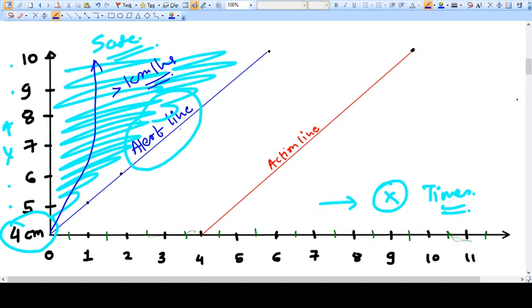Now this is the alert line. If any partogram at any point of time crosses the alert line, that means that initially the rate of dilatation of the cervix was 1 centimeter per hour, but at some point, when the cervix was 6.5 centimeter dilated, it just stopped dilating. This 6.5 centimeter is there for a long time, it is not dilating further, so it crossed the alert line.